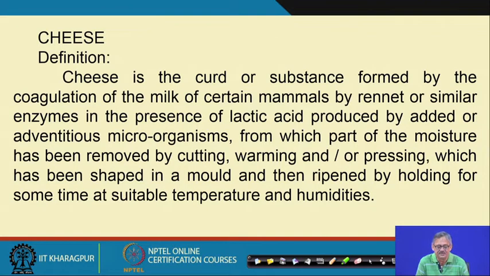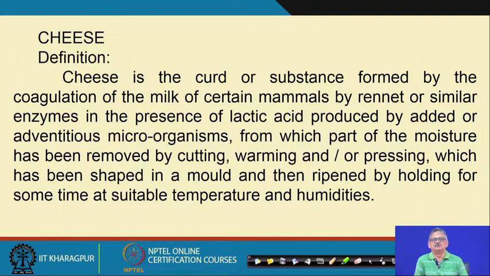Then the coagulated product can be further cut, warmed or pressed, or put into a mold, then ripened, and then it becomes the product called cheese.